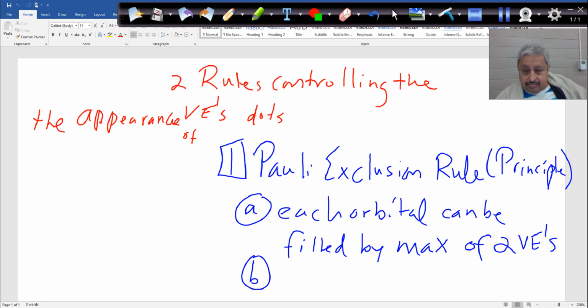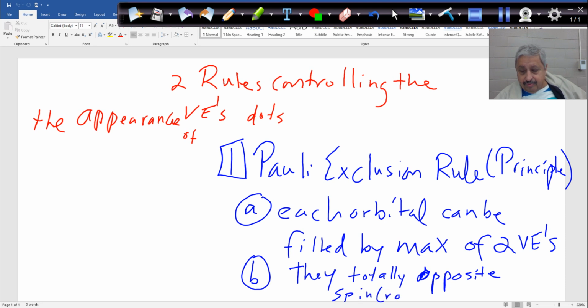So they have totally opposite spin. Spin means rotation around the nucleus.